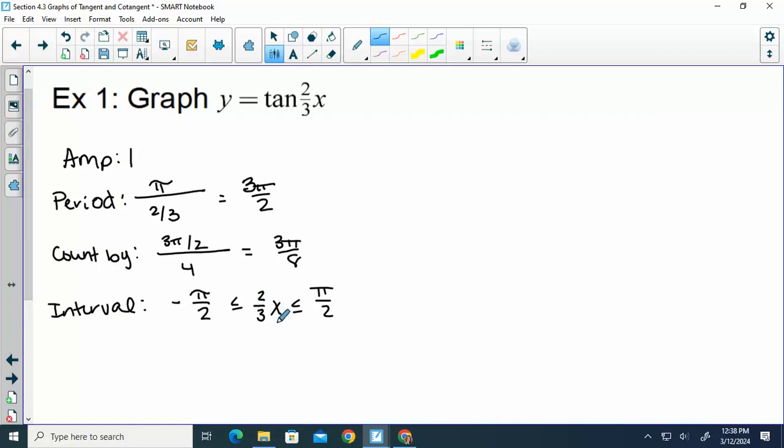Okay, so if I wanted to solve for x, I could multiply by the reciprocal, 3 over 2. So I get negative 3 pi over 4 is less than or equal to x, which is less than or equal to 3 pi over 4. Sorry, not just 3 pi, 3 pi over 4. Negative 3 pi over 4 to positive 3 pi over 4.